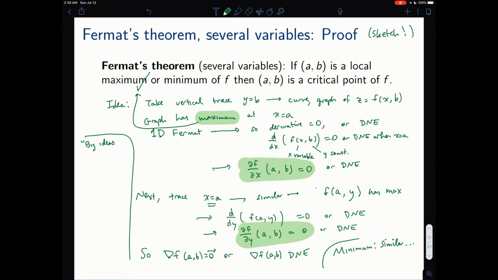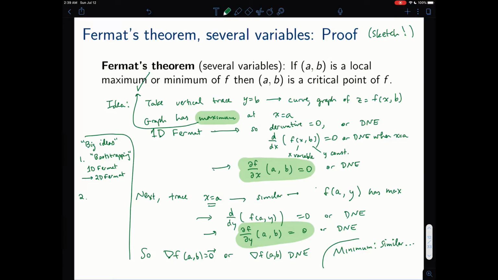The first idea, which is maybe more of a medium idea, is a sort of bootstrapping, so to speak, because we used our 1D Fermat to get 2D Fermat. We're pulling ourselves up by our bootstraps, using our 1D knowledge to get some 2D knowledge.